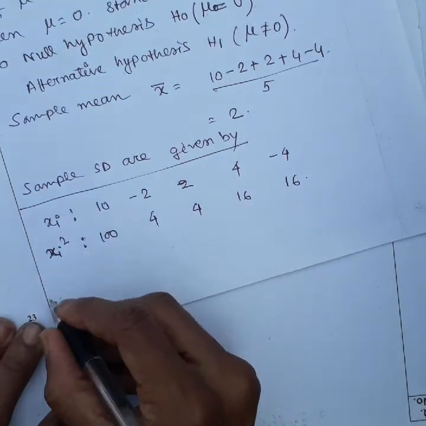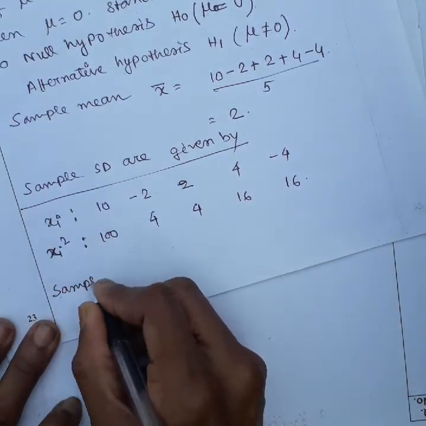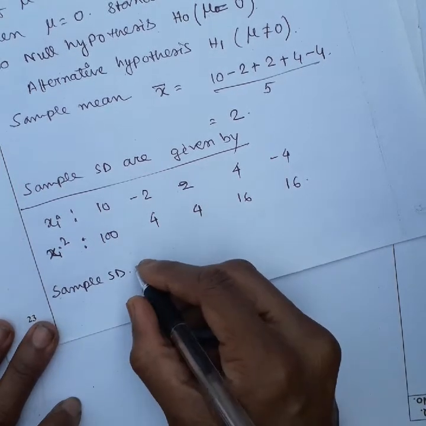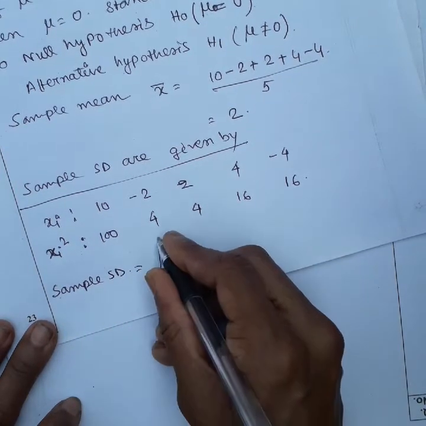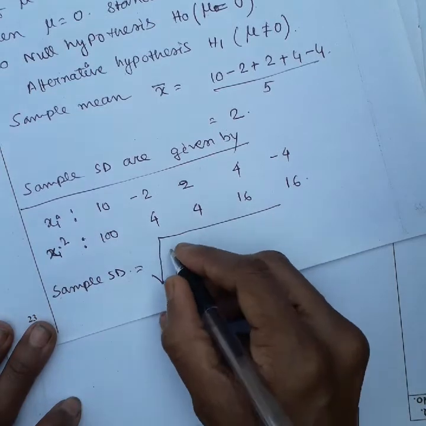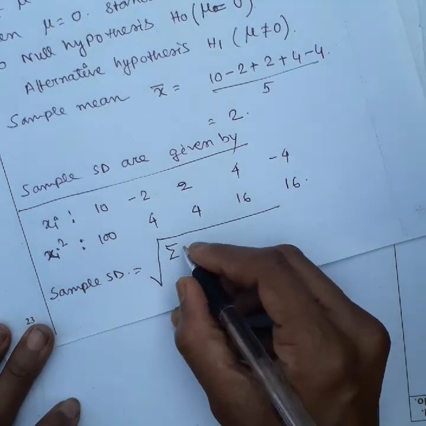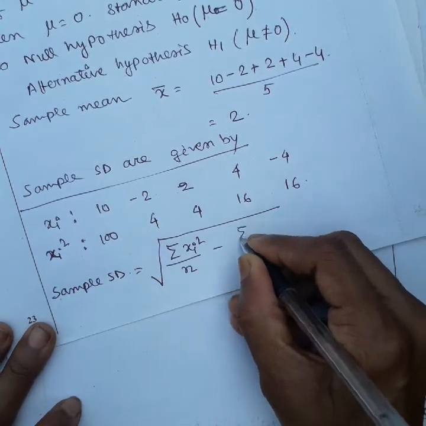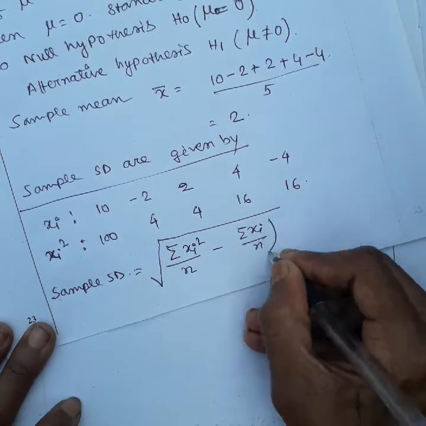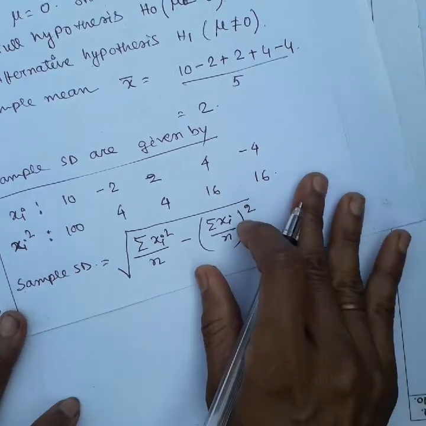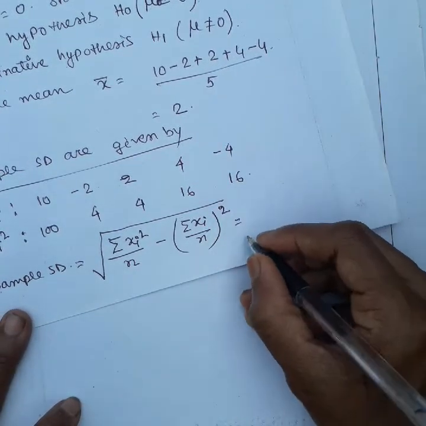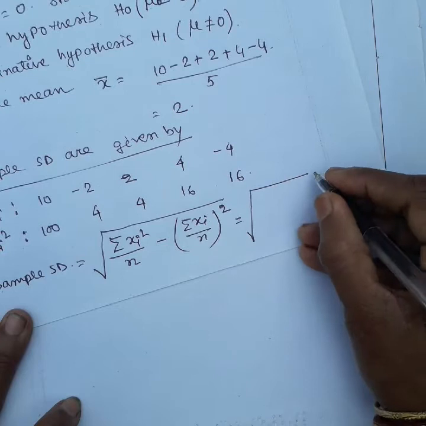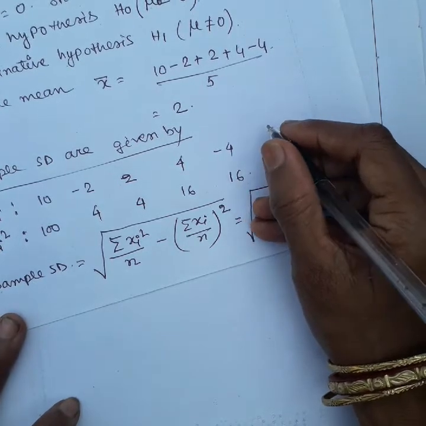So sample SD is equal to, from the formula, root over of summation of xi square by n minus summation of xi by n whole square.